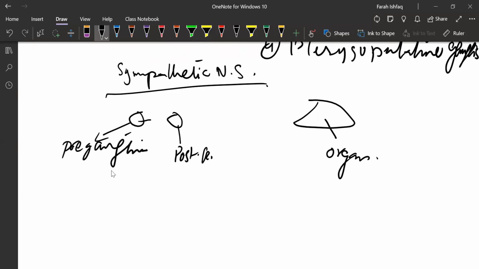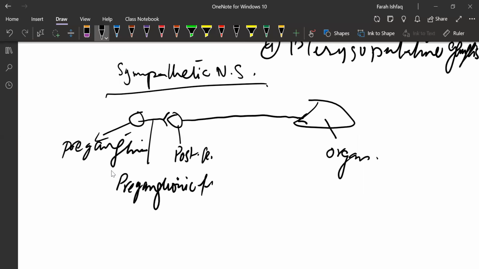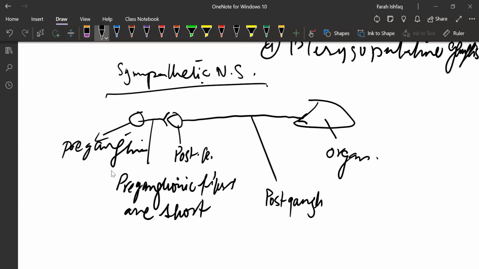The preganglionic fibers synapse on the postganglionic neurons, and the postganglionic fibers go towards the organs. You can see the preganglionic fibers are short in the sympathetic nervous system, and the postganglionic fibers are long.